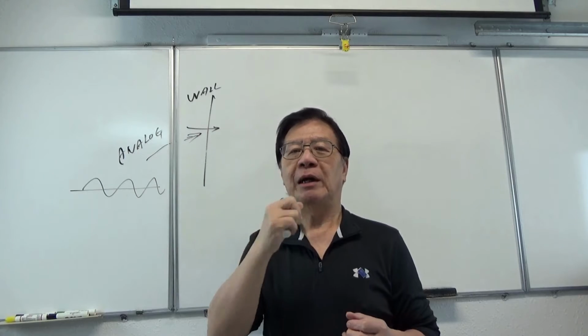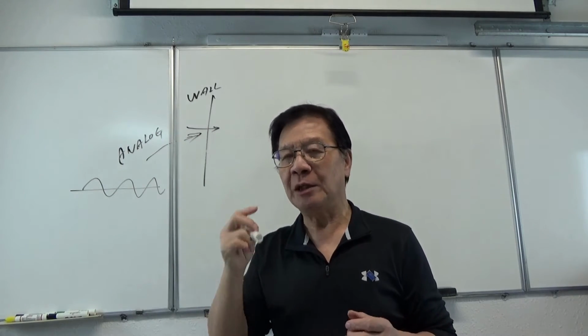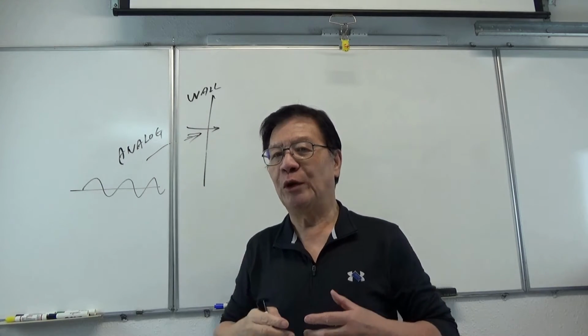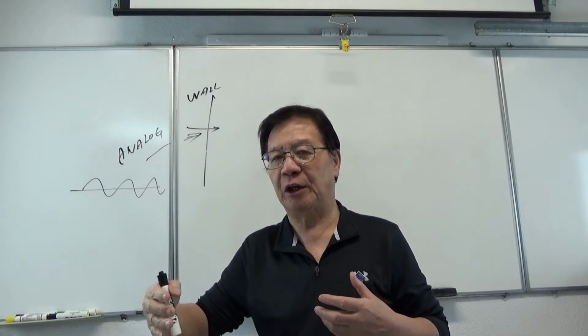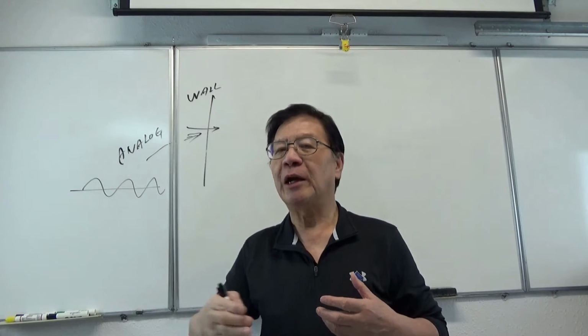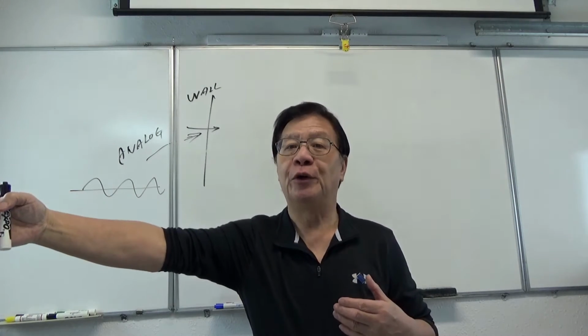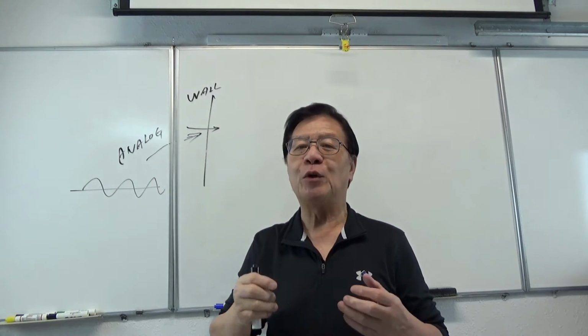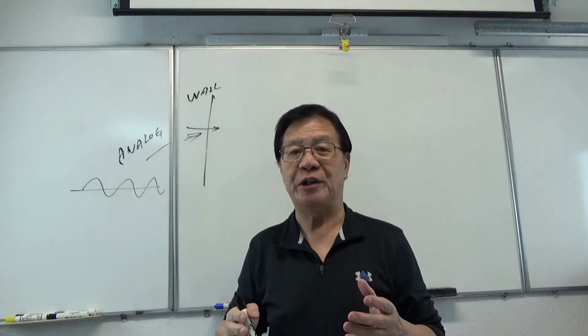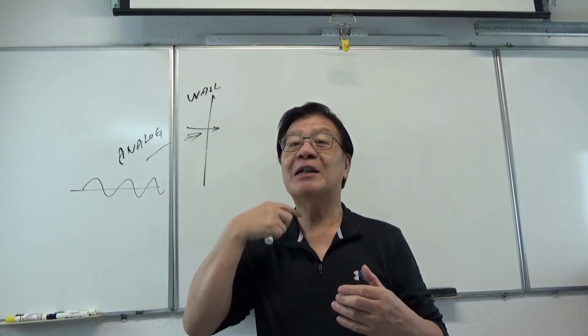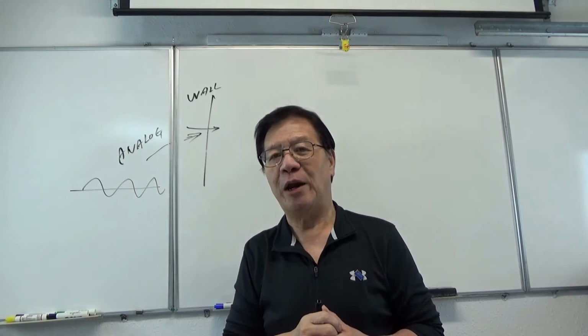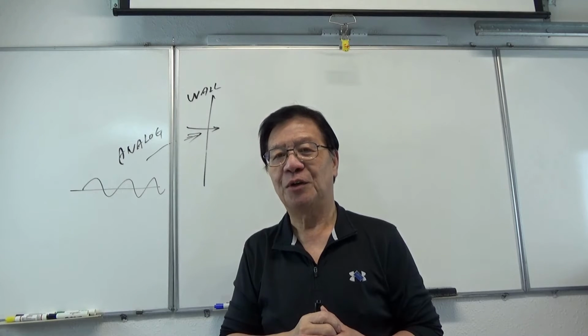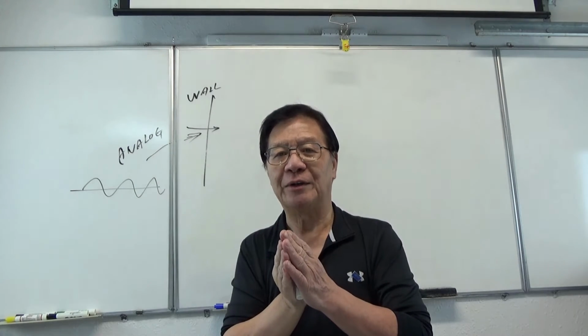Because of two elements here. Number one, we use a high-frequency signal to transfer further. Second, we use a low frequency, just like a sound wave. The two things are combined together.